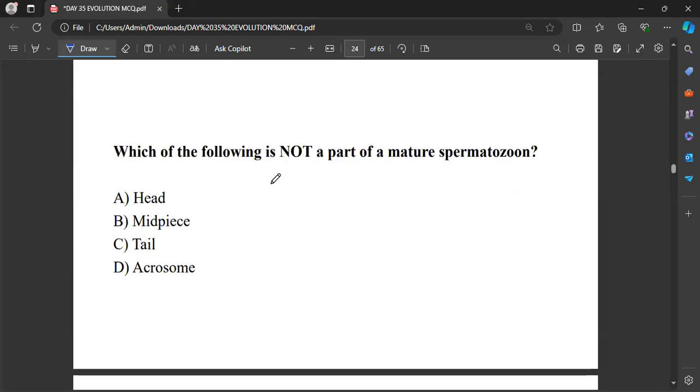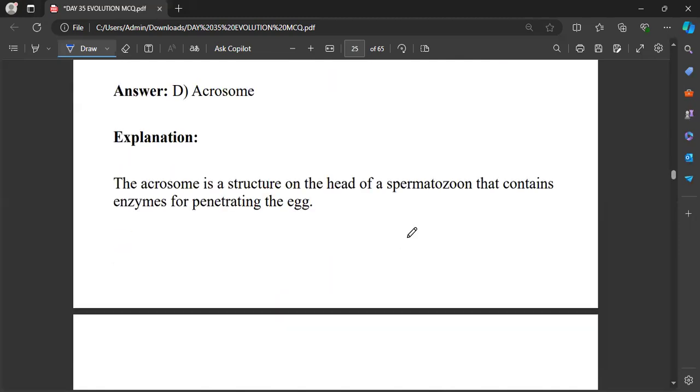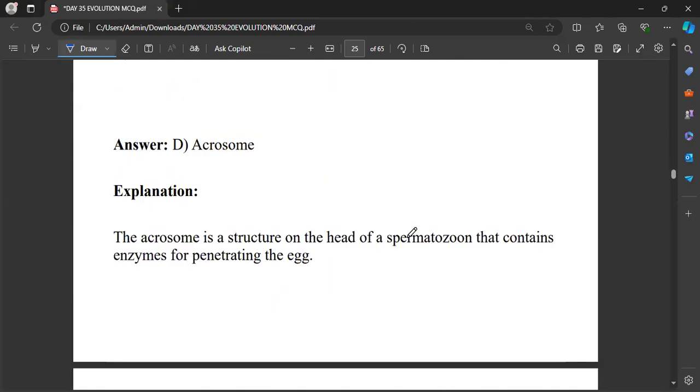Okay. Which of the following is not a part of a mature spermatozoa? In the mature spermatozoa, acrosome is not a structure.